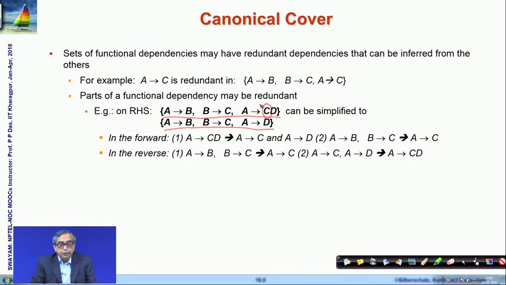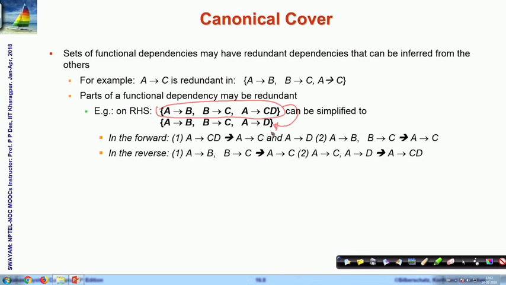If I have to do that, then we need to show that given the original set of functional dependencies, whether this can imply the simplified set, that is, from this set of functional dependencies, whether I can logically conclude the simplified set. So, using the rules we will need to do that. I have worked that out here under the forward scheme.